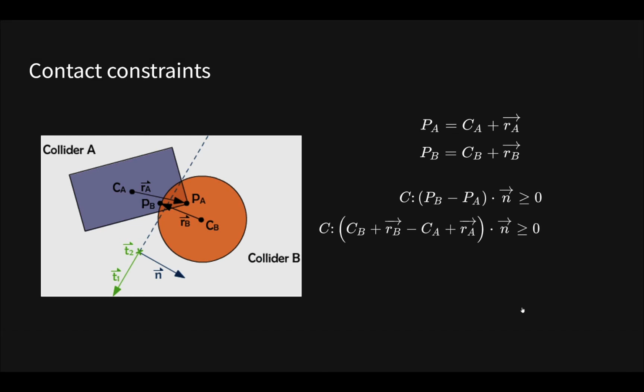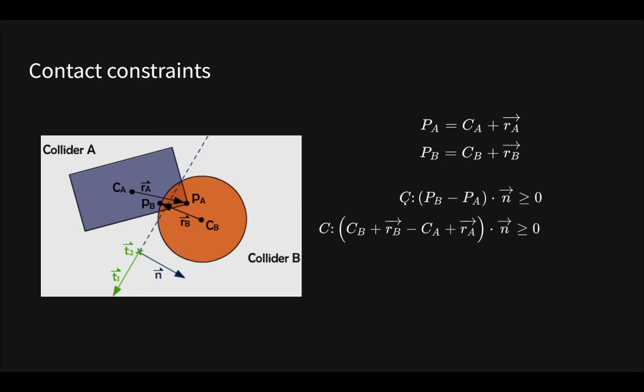So we can create a contact constraint from this. The first contact point PA would be equal to the center of the box plus this distance RA, and similarly for PB.